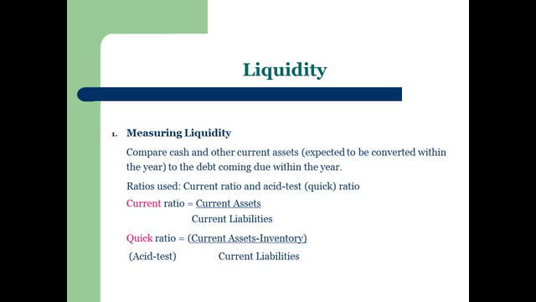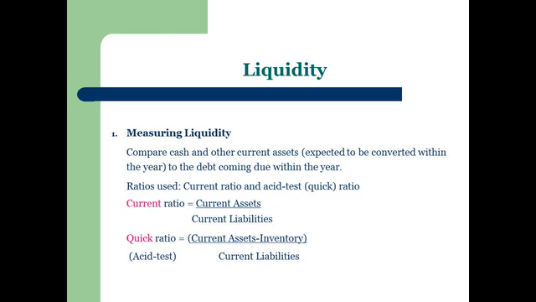So this ratio is a comparison between the current assets and the current liabilities. Under the liquidity ratios, there are two types of ratios. One is the current ratio and the second is the quick ratio, also known as the acid test.